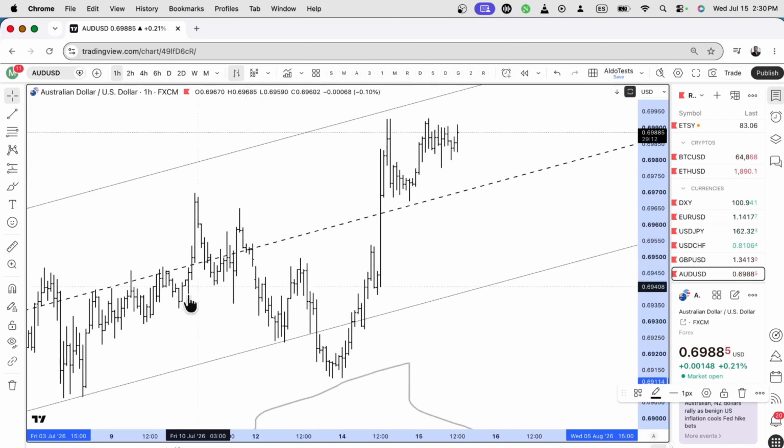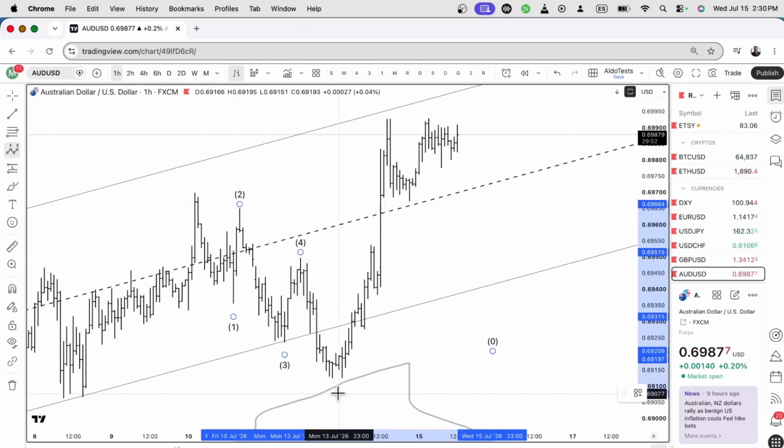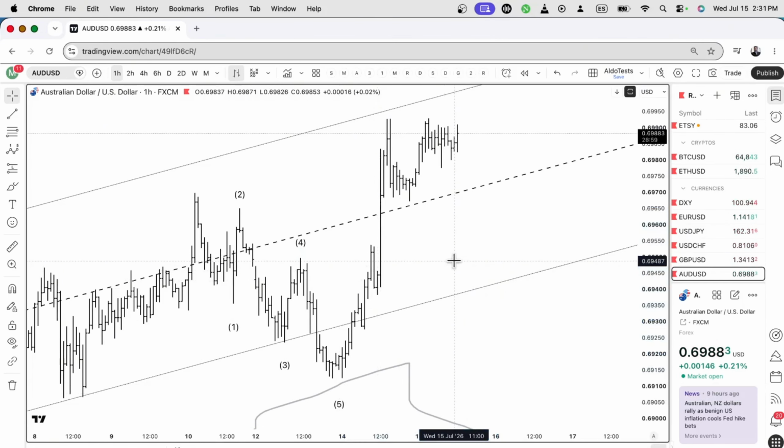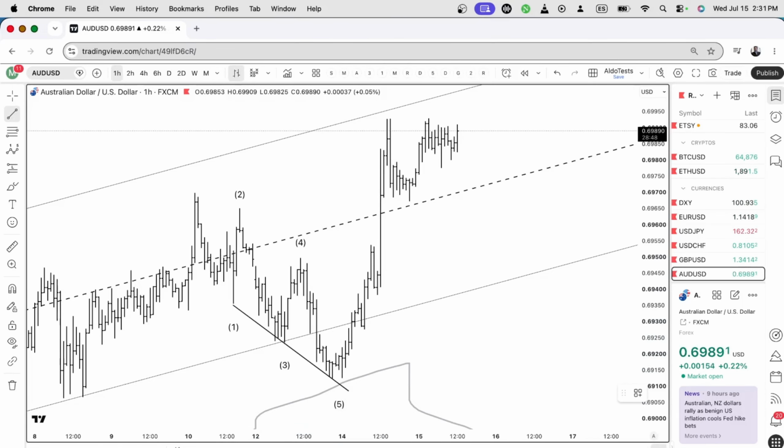At least that's what I was expecting. So you would see it here. I counted it as a, let me label it so you can see clearly. I counted it as a 1, 2, 3, 4, and 5 for a potential diagonal. And of course, let's use the trend line so you can see it even better. This was the 1-3 trend line, and this one here was the 2-4.